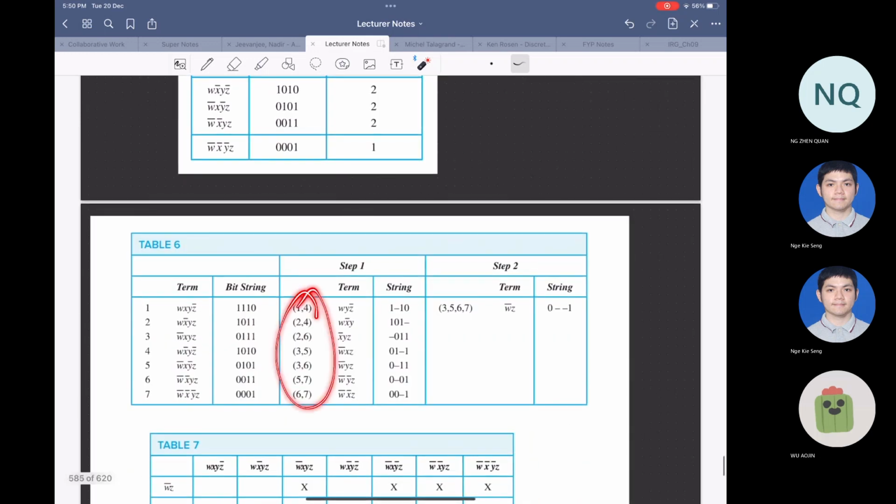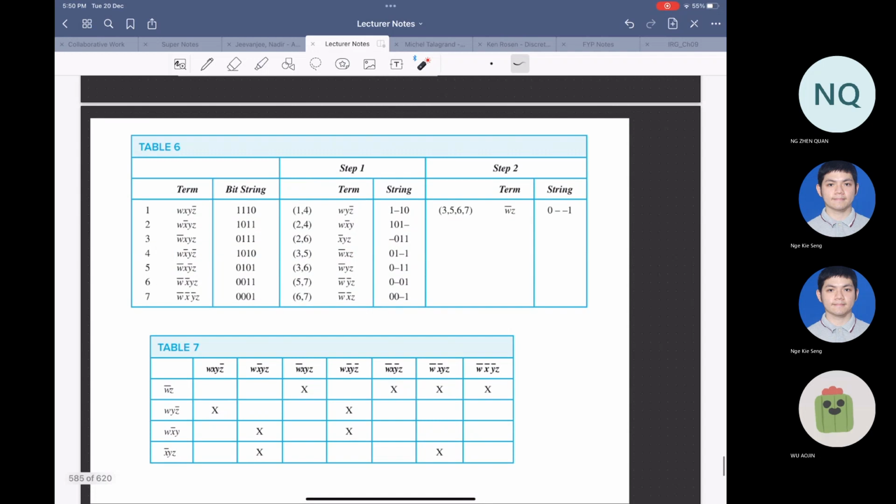Then similarly, you just combine, doing all the combinations you can. You can see that there are only 4 min terms that are not used to produce a new Boolean product. For example, this one, and then which one? And one here, and then this one.